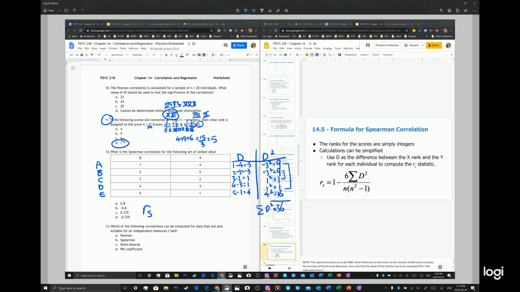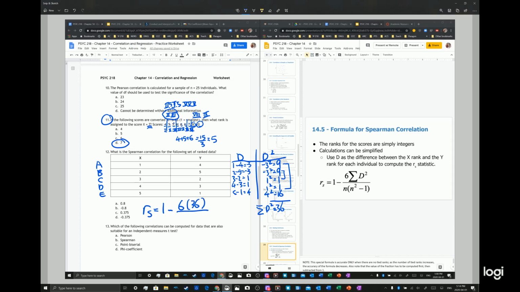So my Spearman correlation coefficient then, using the formula and getting my scores ranked first, coding those scores in ranks, and then getting the difference in ranks in D, squaring those, adding those up, you'd get 6 times 36. I calculated D squared already.